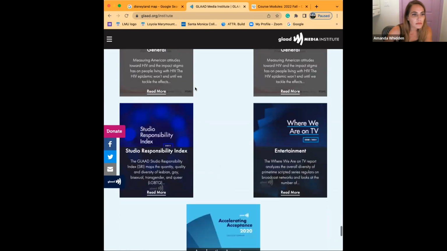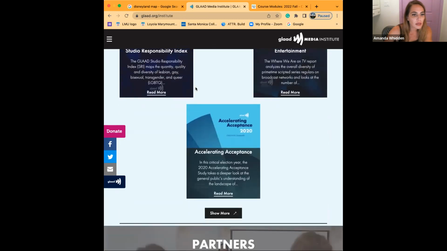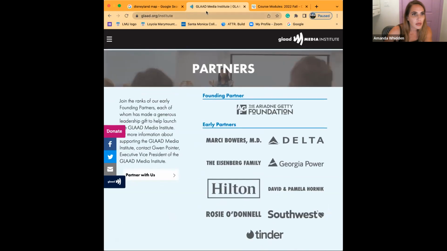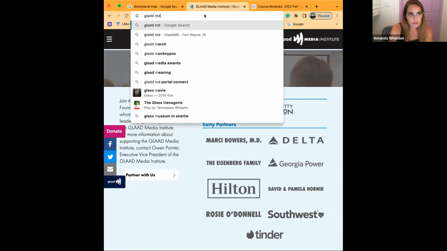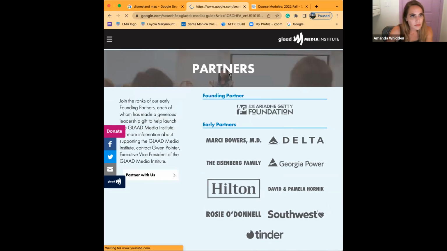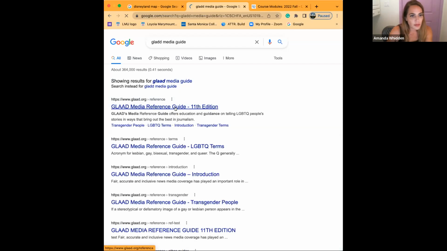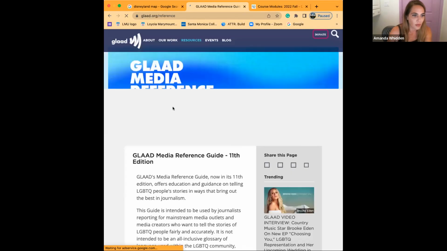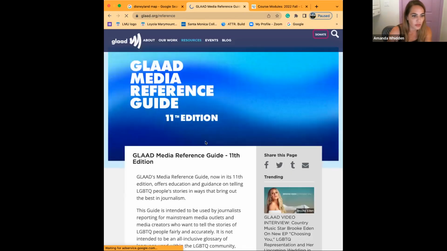Where is their media guide? There we go, the GLAAD Media Guide, 11th edition. I always feel like it has a real good setup as to why, how, and in what way we need to use this.